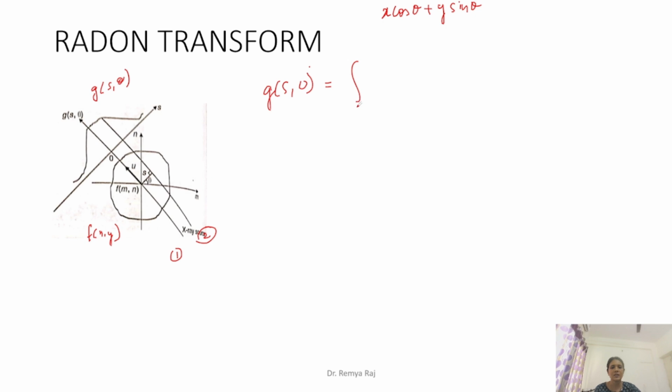We can write it as the integral from minus infinity to infinity, integral from minus infinity to infinity, of f of x comma y into delta of x cos theta plus y sin theta.